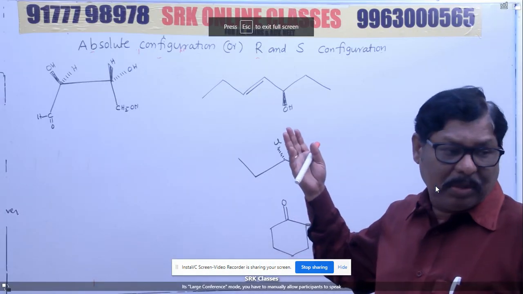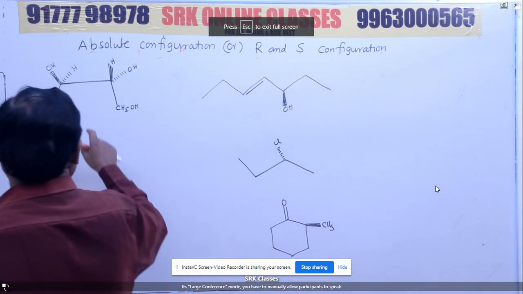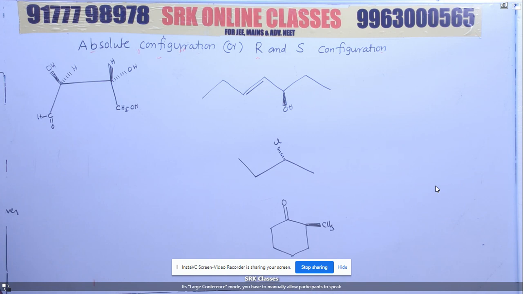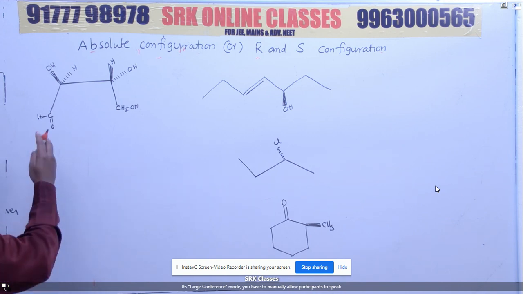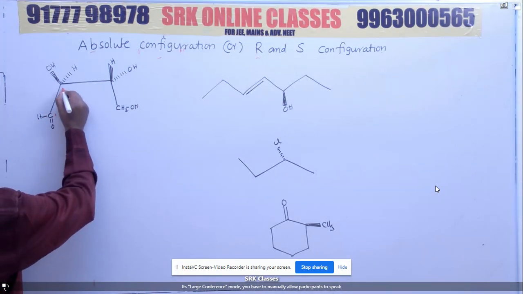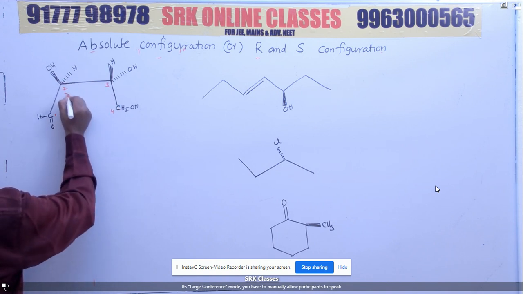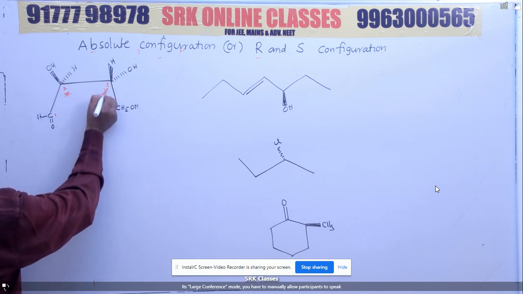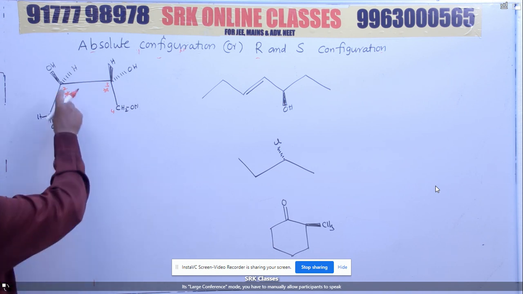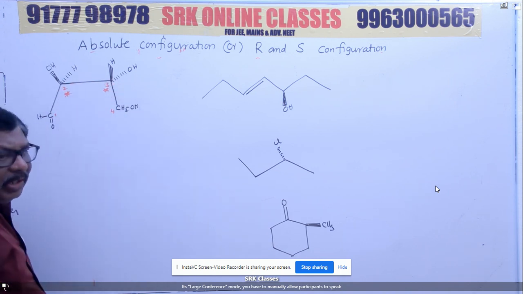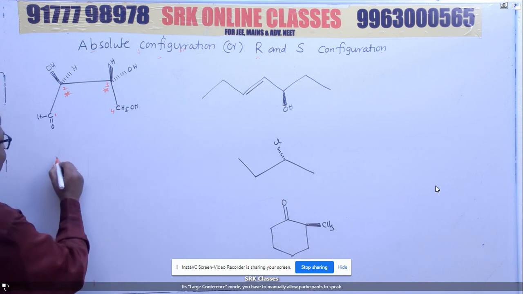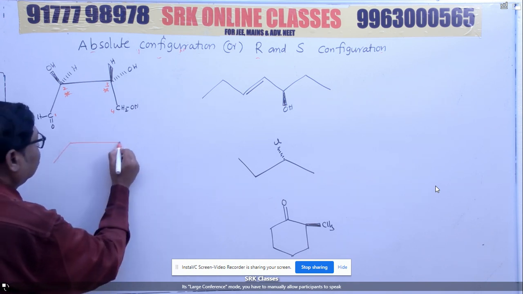Now look at the first example, 2 chiral carbons. Number of carbons: this is the first carbon, second carbon, third carbon, fourth carbon. Chiral carbons are at second and third. You have to find out the absolute configuration of the second and third one. Now once again I am writing the same thing here.